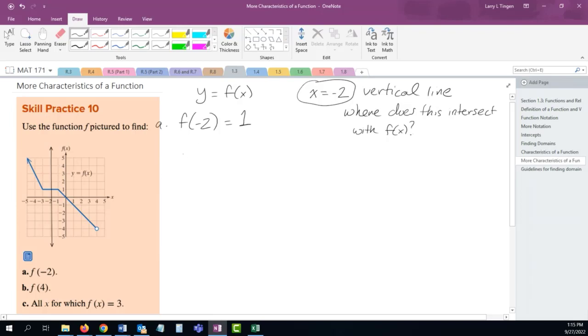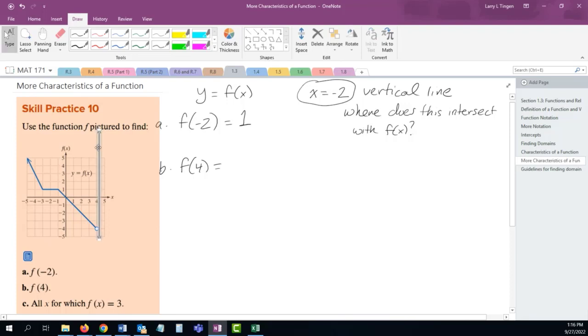So let's take that idea and move along to part B. And again, like I said, if that doesn't make sense, ignore it. Ignore everything I'm saying right now. So f at 4, I'm gonna come over here to when x is 4. I'm getting bounced around, so let's do it again. And again, I'm going overboard, I know. But when x is 4, where do I hit?